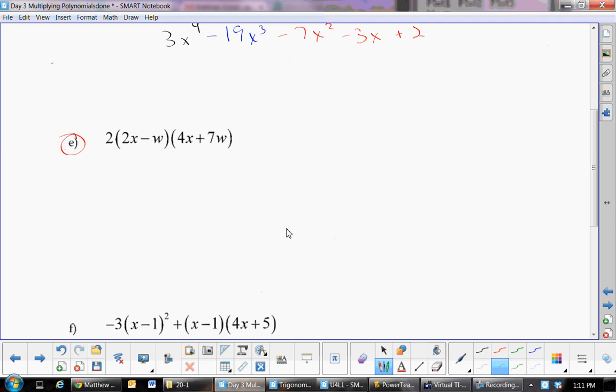This isn't a square, remember, this is 2 times. So the only thing you have to do is you can take the 2 in right there. Don't take it into the other one, just the one that's right beside. So that is 4x minus 2w, and that will be times the 4x plus 7w that was already there.